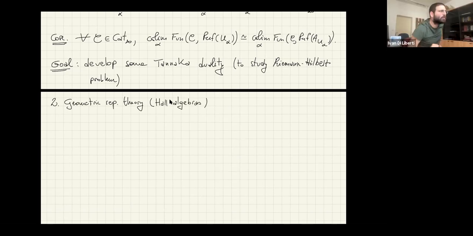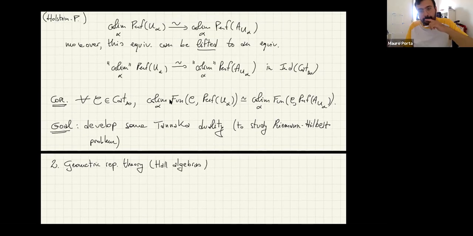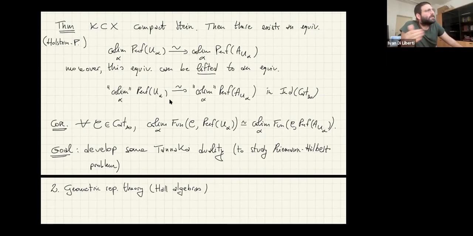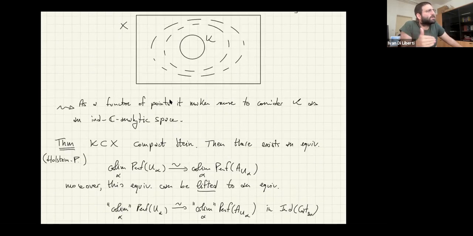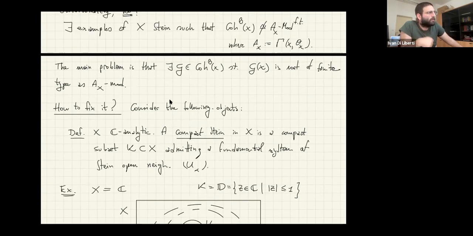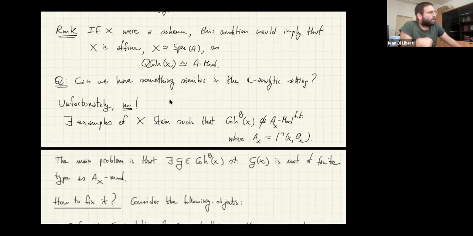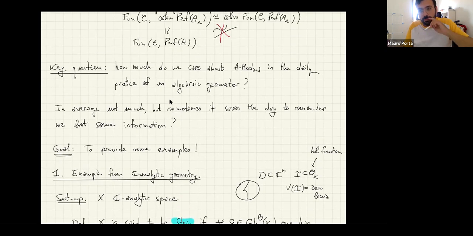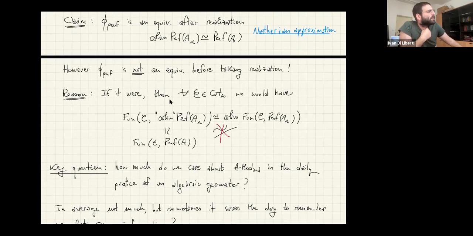Sorry, Mauro, can I ask you a question maybe? Yeah. At the very beginning, at some point you said this is not true at this level, but it is true if you compute the geometric realization. And you gave us a reason for which it was not true before computing the geometric realization. Can you tell us why it is true when we compute the geometric realization, why the same problem doesn't happen?